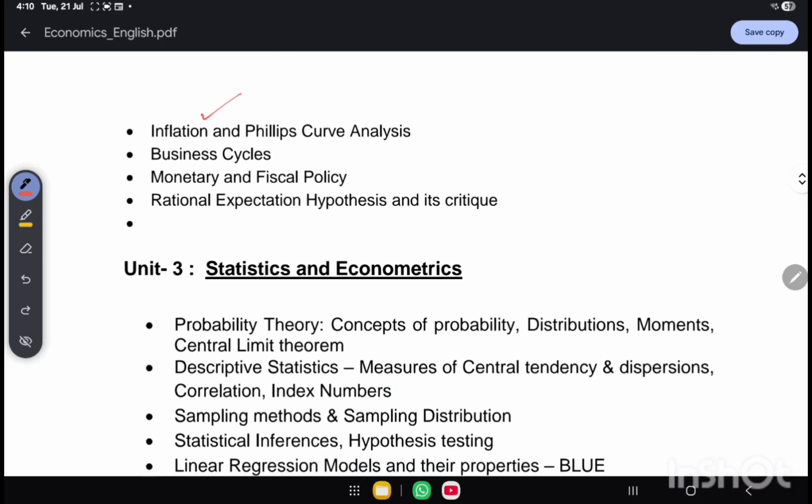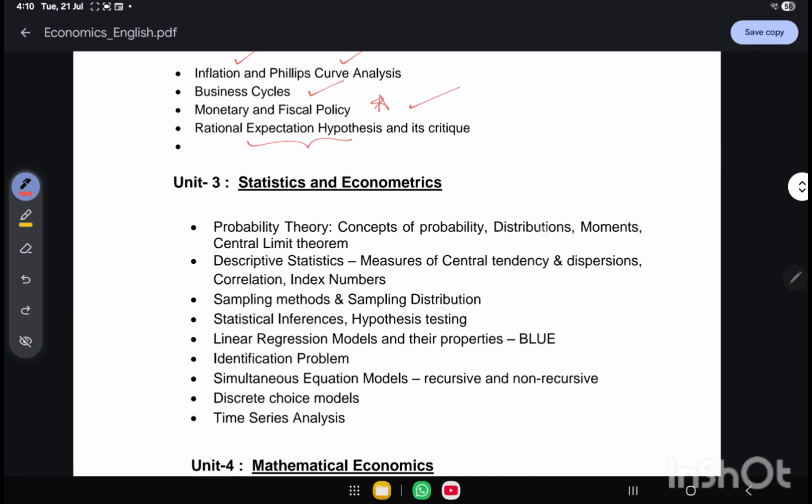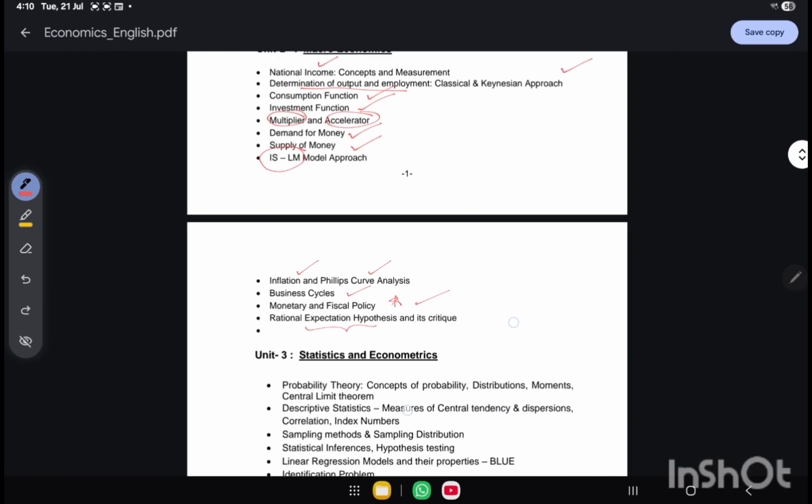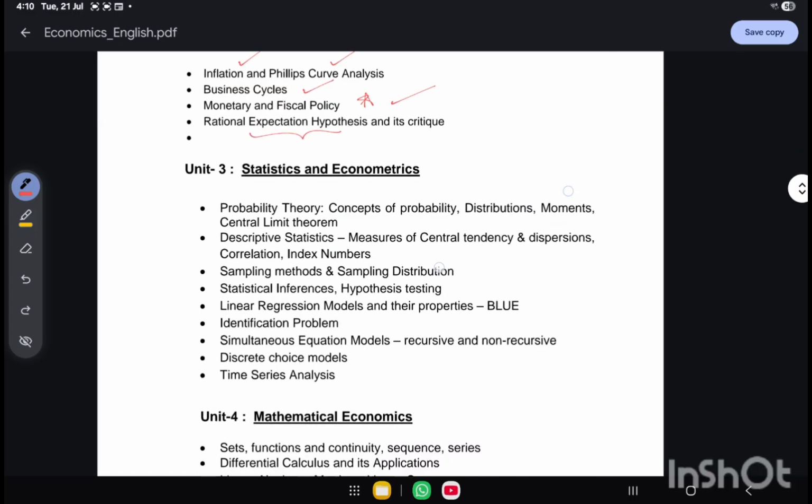Next is inflation, the Phillips curve, business cycle, monetary and fiscal policy, and the rational expectations hypothesis. This is all related to macroeconomics, Unit 2.